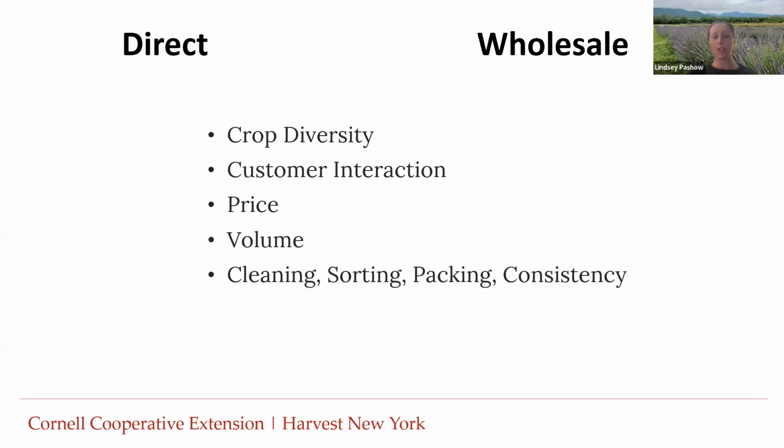If you're wholesaling, you might concentrate on just sunflowers or just dahlias, specific crops for certain markets. Direct sales usually mean high customer interaction. For wholesale, you're usually only interacting with one or two people at an operation to sell your product. So if you're not somebody who likes the public, you might want to wholesale.